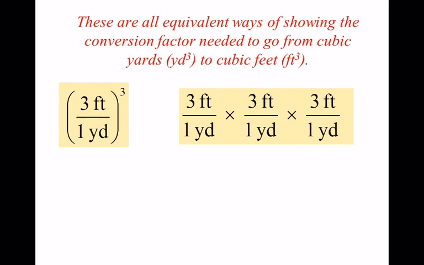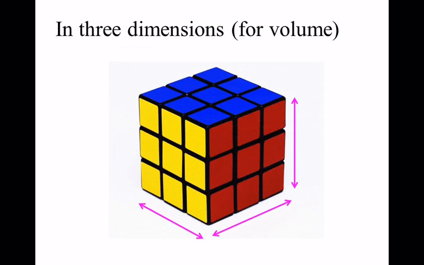If we go back to that Rubik's Cube, that'd be a big Rubik's Cube, but if we say this is 1 yard by 1 yard by 1 yard, how many feet cubed are there? Each one of these is 1 foot by 1 foot by 1 foot.